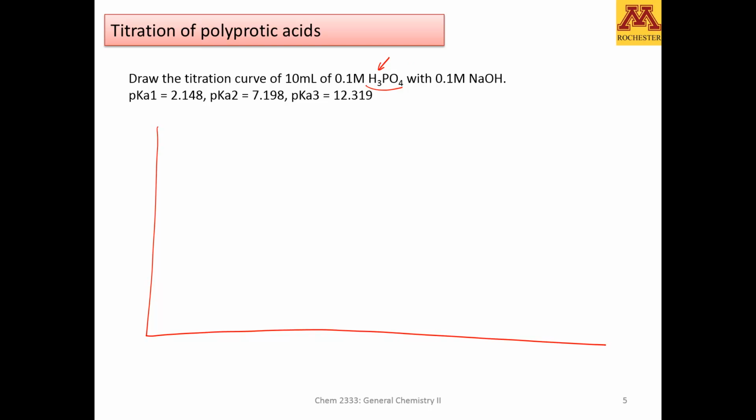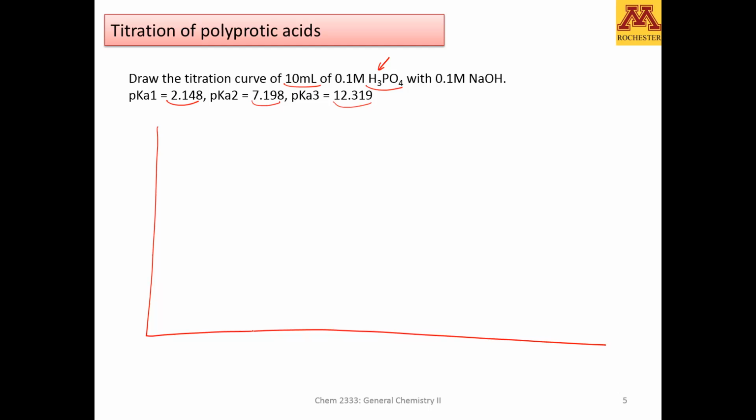So the overall approach is that you can treat a polyprotic acid as if they were 3 different acids that you have in solution. First, the most acidic will react, then the second most acidic, and finally the third most acidic. So let's see what shape it should have. Notice that we have 10 milliliters, 0.1 molar of phosphoric acid, and we are titrating with 0.1 molar sodium hydroxide.